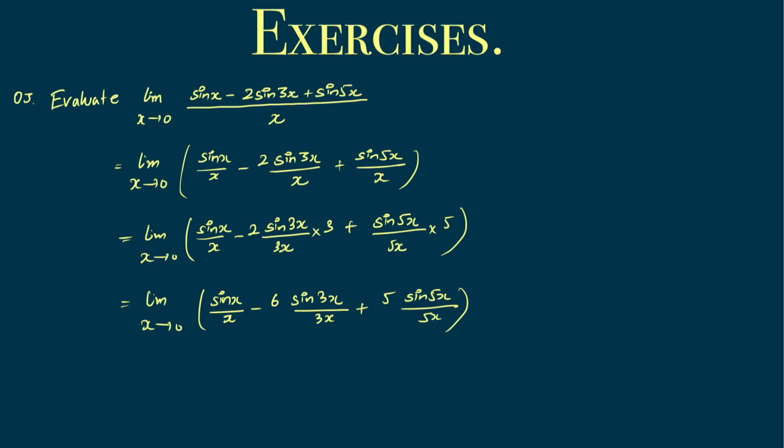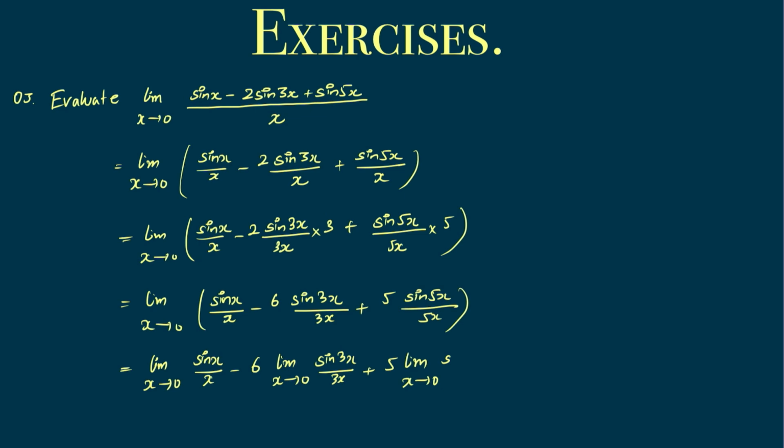Now I will distribute this limit to all the terms, so it will be limit x tends to 0 sine x by x minus 6 limit x tends to 0 sine 3x by 3x plus 5 limit x tends to 0 sine 5x by 5x. I'm writing all the constants in front of limit, because that can be done by that property which we have studied earlier.